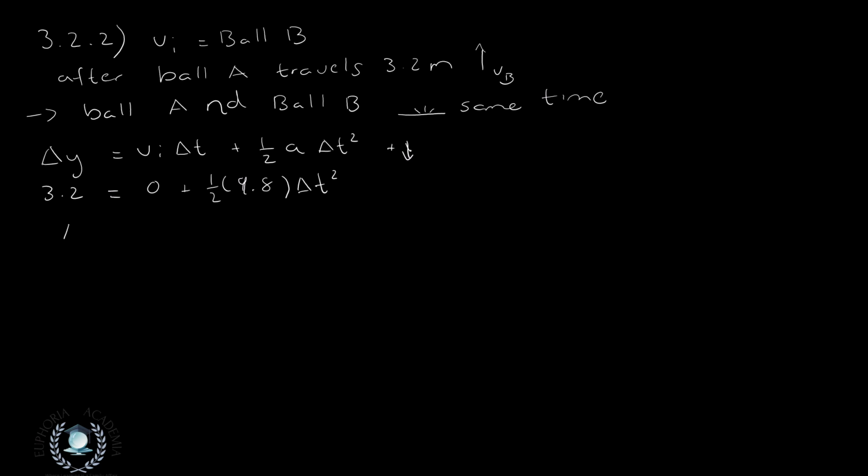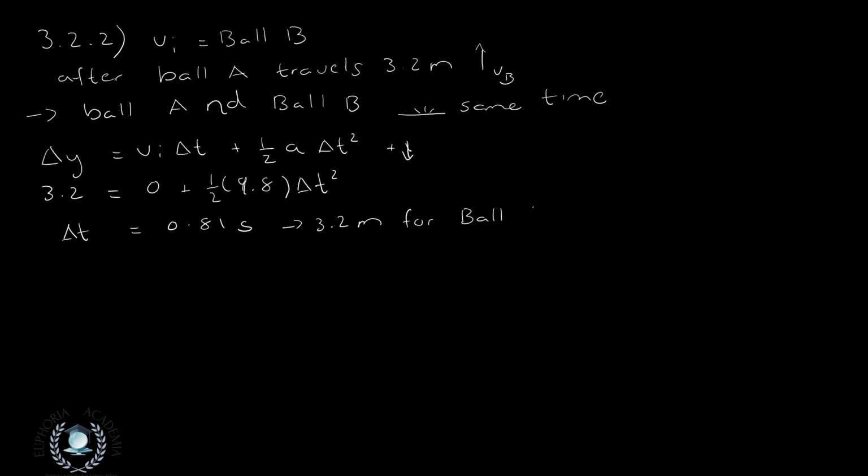Now we're going to find that delta t is 0.81 seconds. That's how long it takes for ball A to pass 3.2 meters.